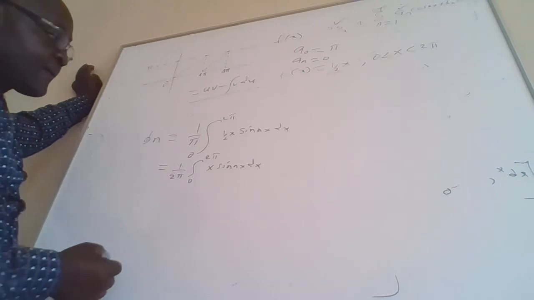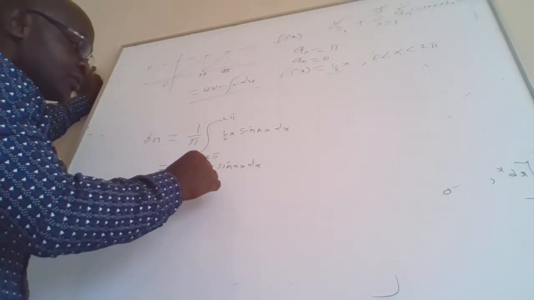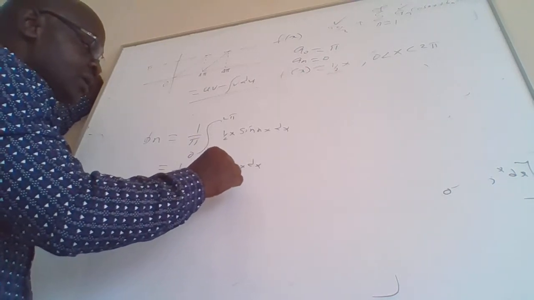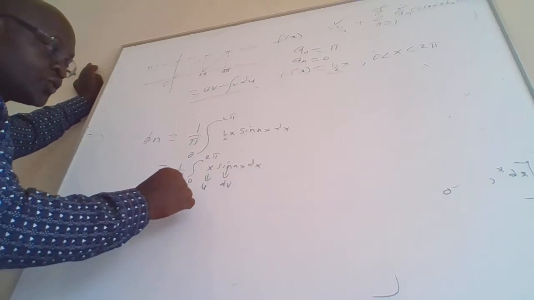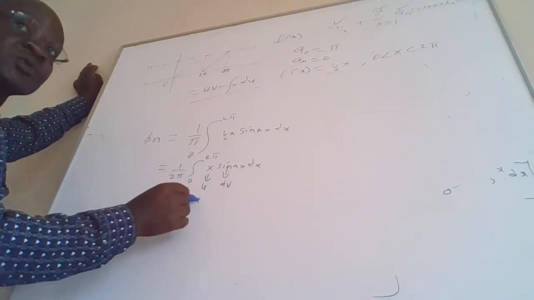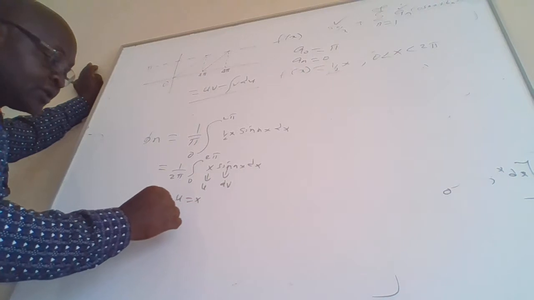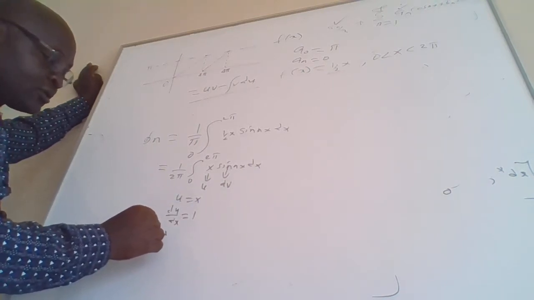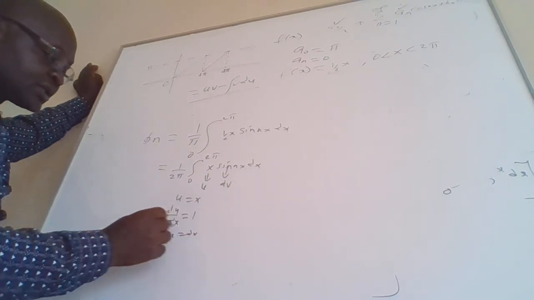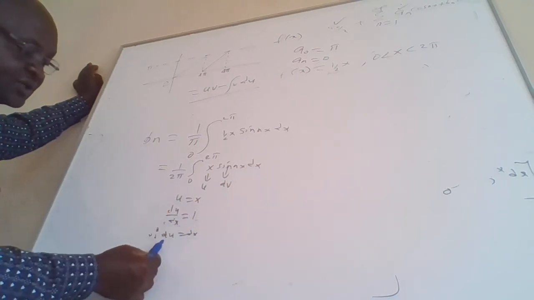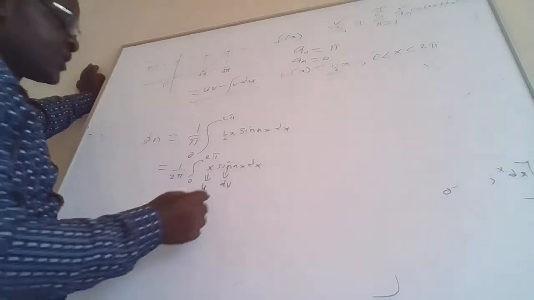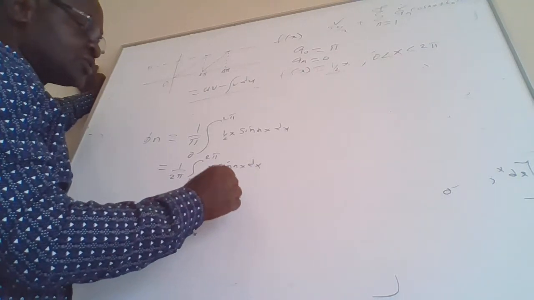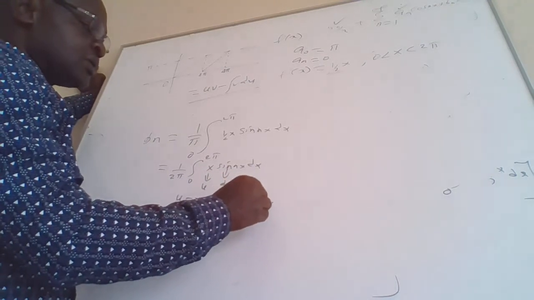We do the assigning. This will be our u. This one will be our dv. So u equals to x. We differentiate u with respect to x. du dx equals to 1. Therefore, du equals to dx, multiplying both sides by dx. Then we have dv equals to sine nx.